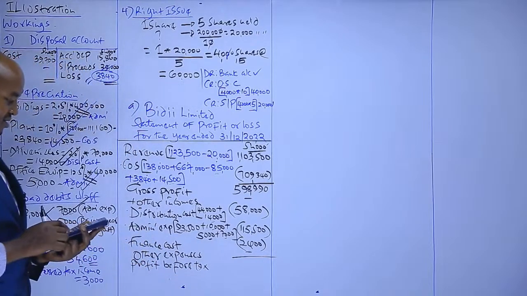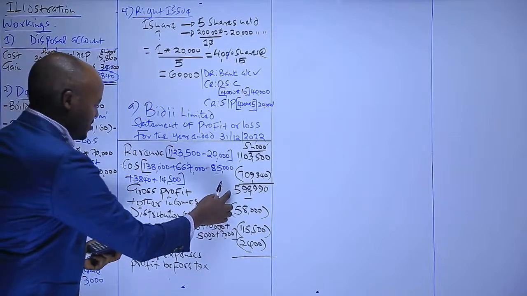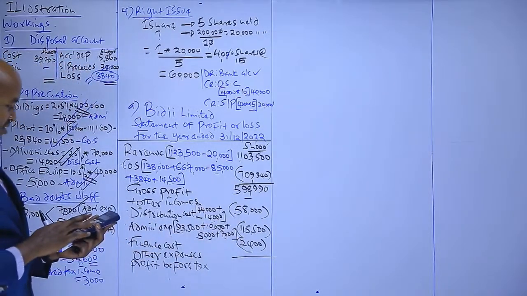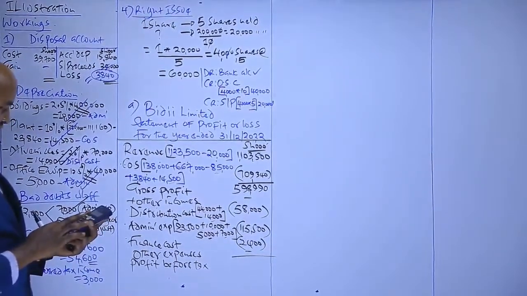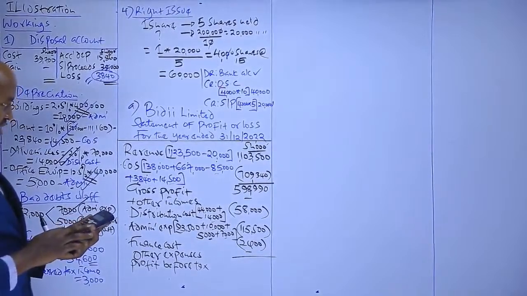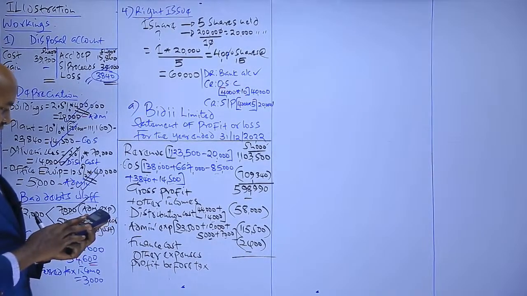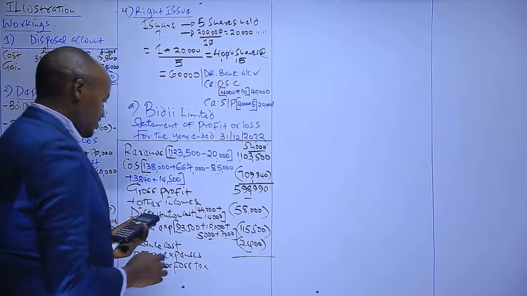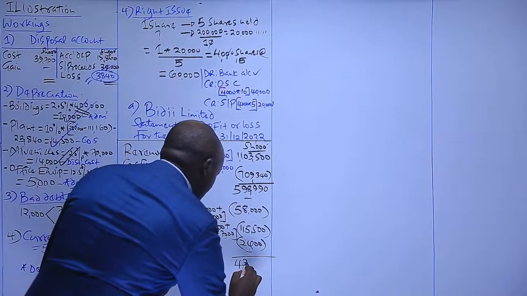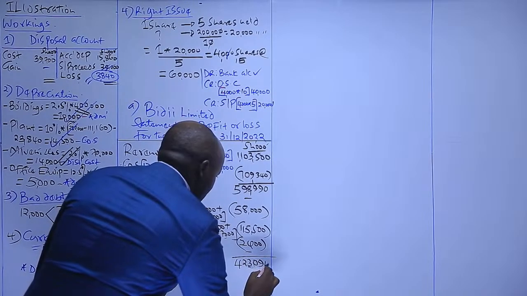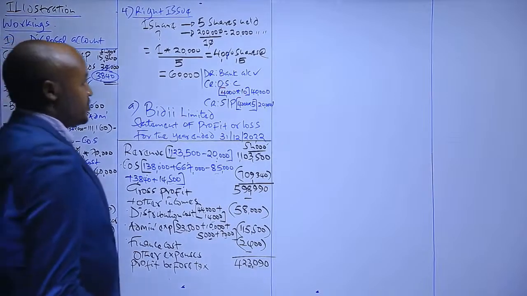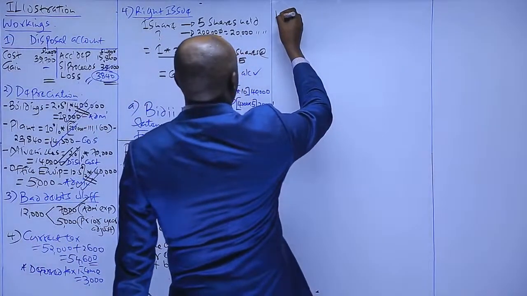We take the total income minus the expenses: 598,990 minus 58,000 minus 115,500 minus 2,400, and that will give us a figure of 423,090. So that is the profit before tax. Then to this we need to deduct the income tax expense.